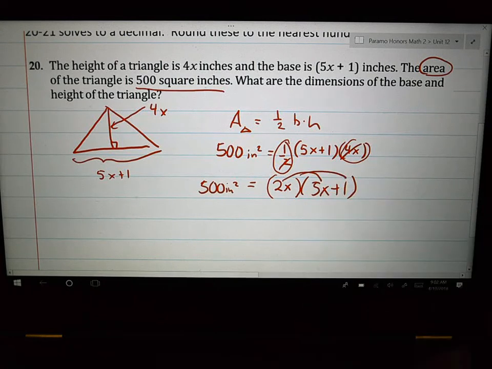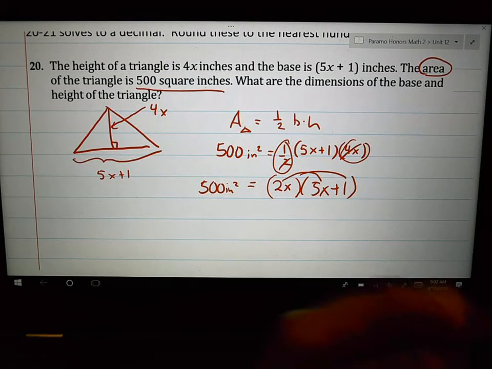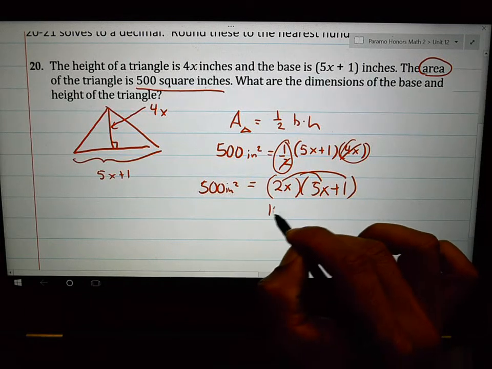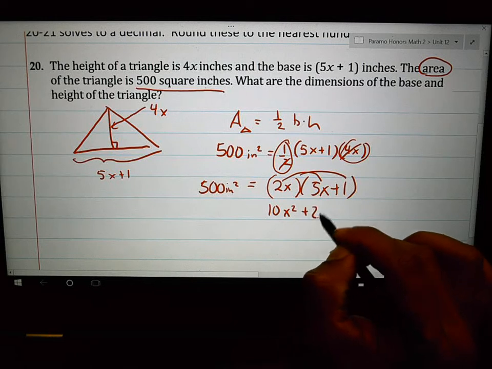Then what I'm going to do, because there's a plus sign, this 2x multiplies the 5x and the 1. It has to distribute to everything inside the parentheses. This makes 10x squared plus 2x.